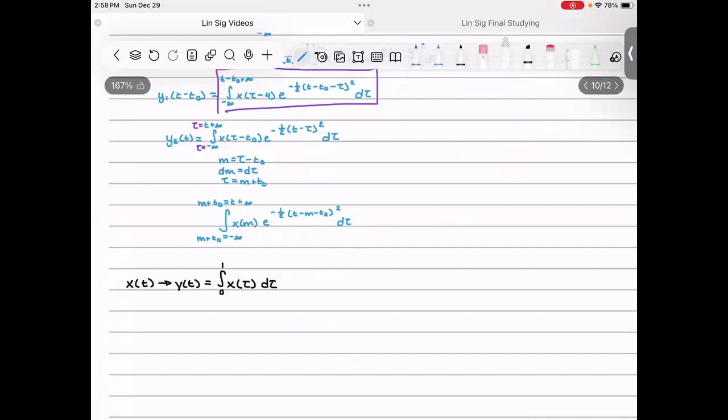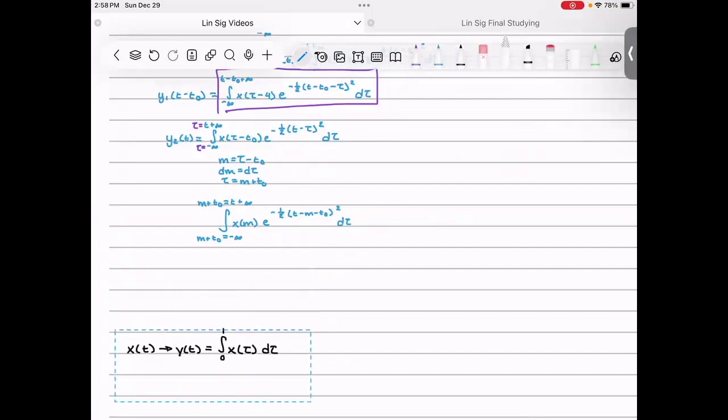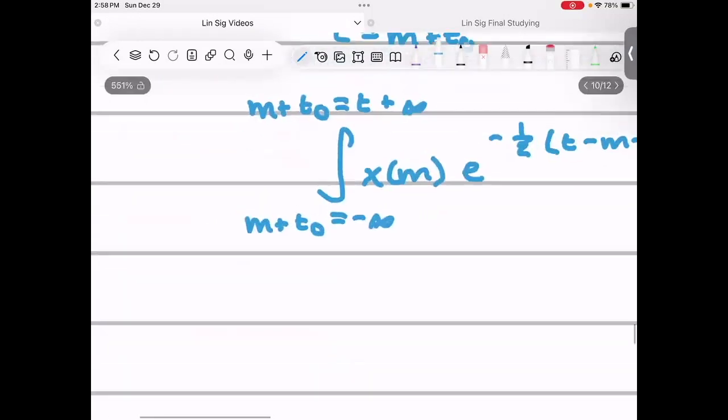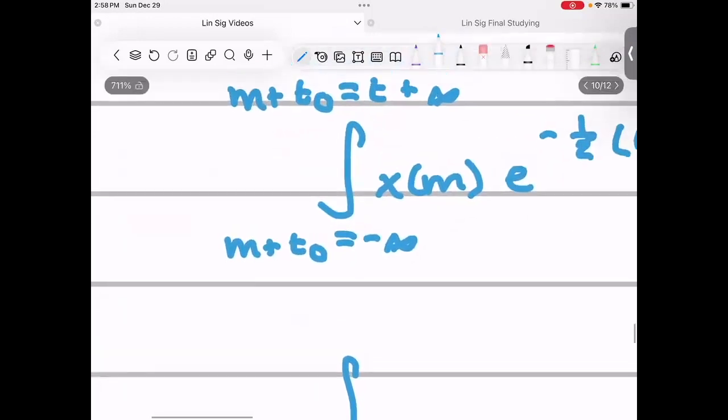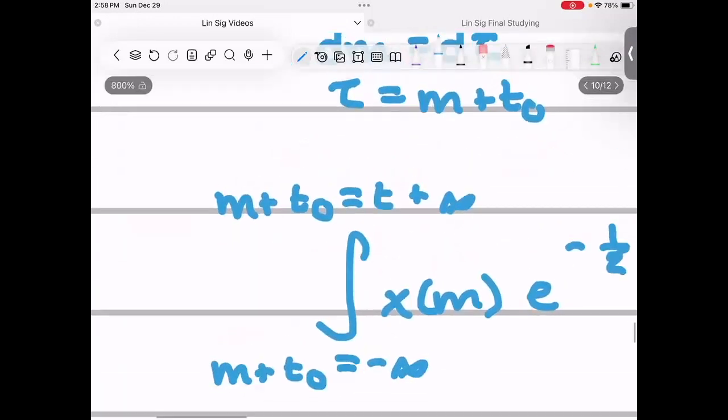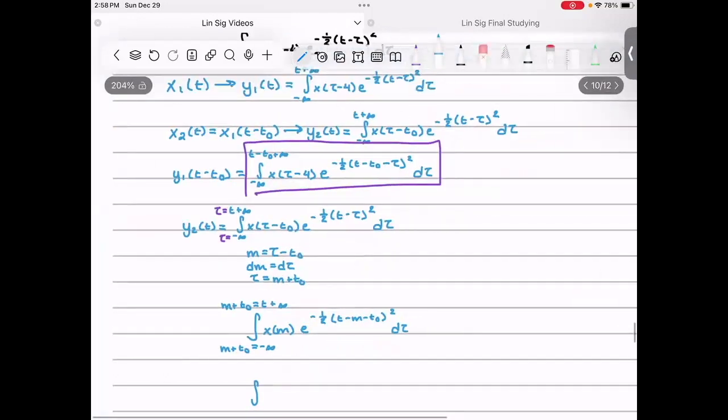I'm going to move this down for more space. If we solve for m in the bounds here, we're going to have the integral from t minus t naught to plus infinity.